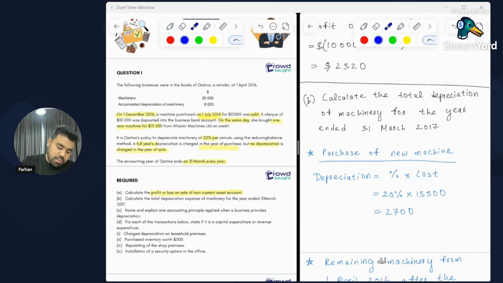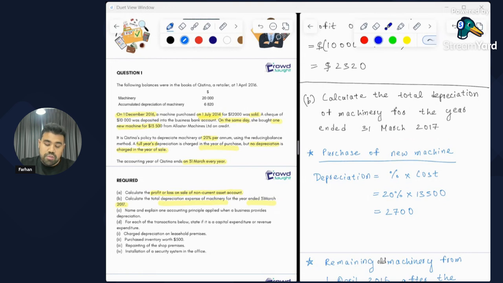All right. So the second part of the question wants us to calculate the total depreciation expense of machinery for the year ended 31 March 2017. All right, so total depreciation expense for machinery for the year ended 31 March 2017. All right, so everything that happened from 1st of April 2016 until 31 March 2017, any new purchases of machine, including the old machine, every depreciation had to be calculated in this case.